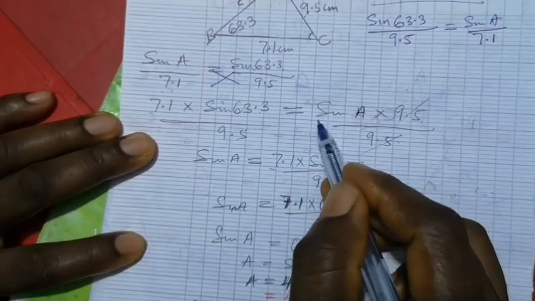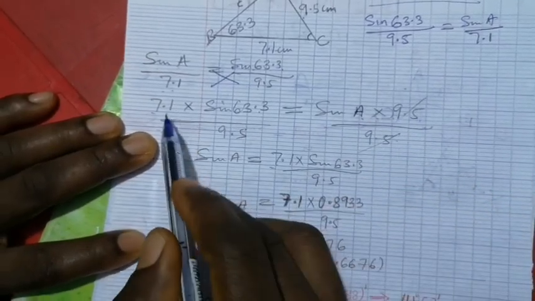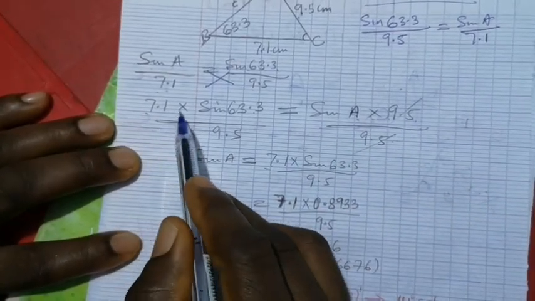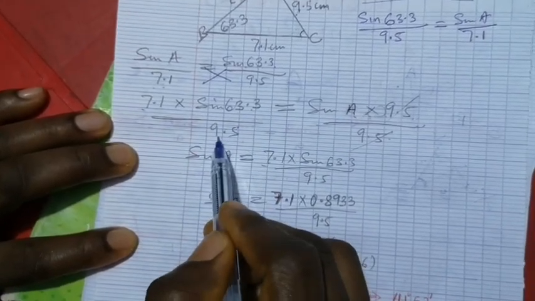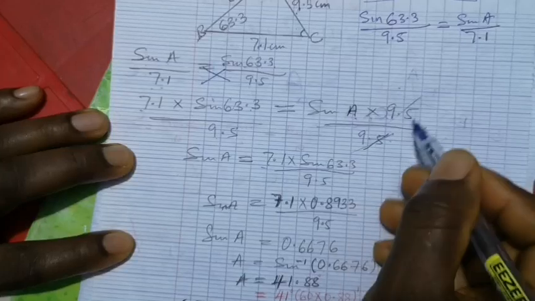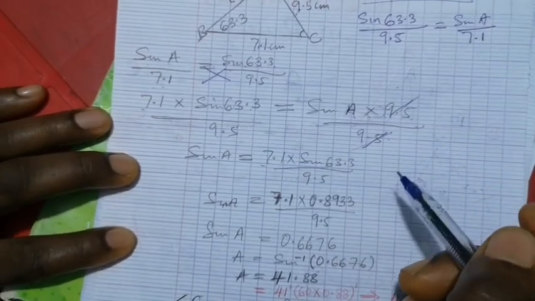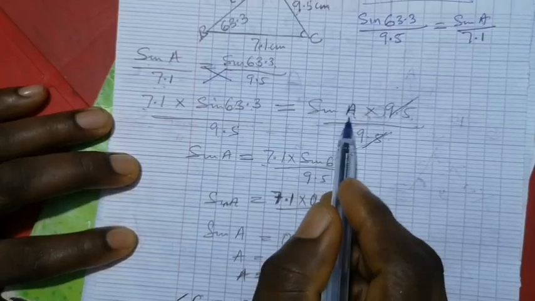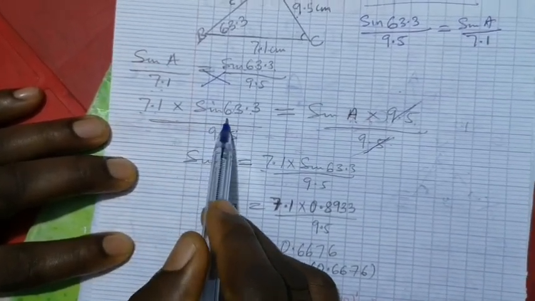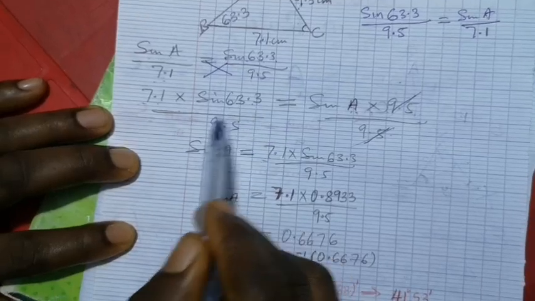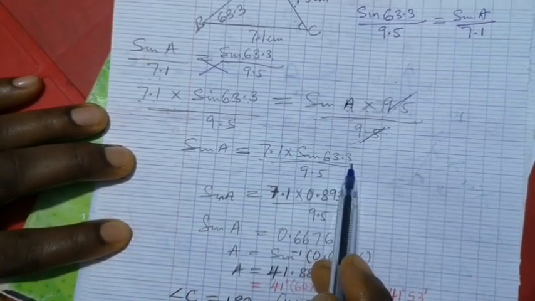So if we divide sine A times 9.5 by 9.5, we equally divide 7.1 times sine 63.3 by also 9.5, so that this will cancel. When we do that, we will now have that sine A is equal to 7.1 times sine 63.3 all over 9.5.